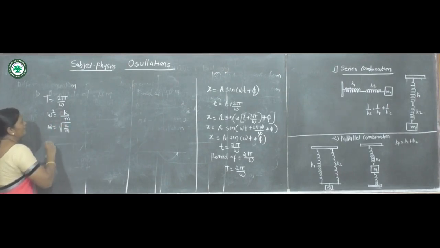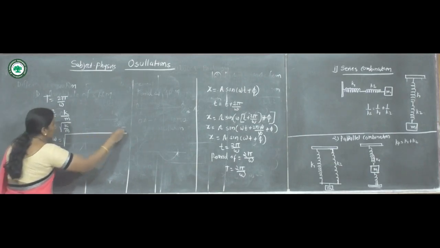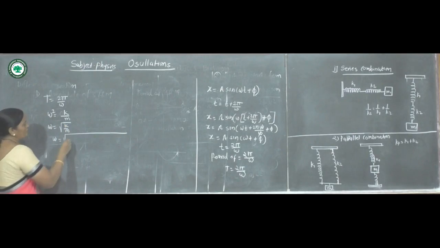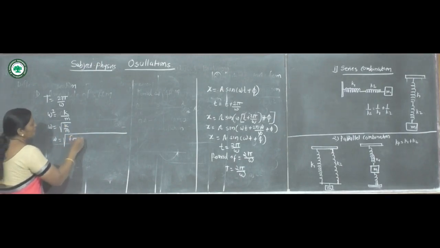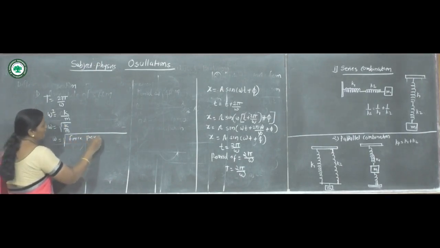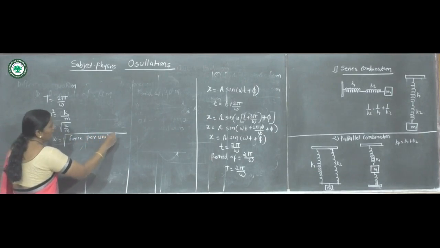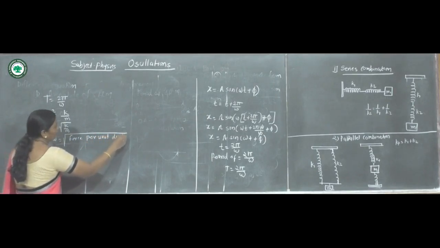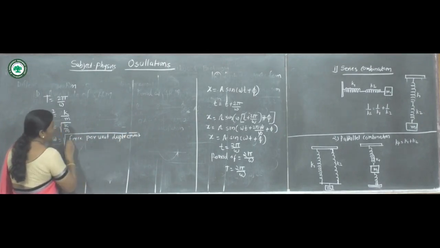Here k is called the force constant, or force per unit displacement, then divided by mass.